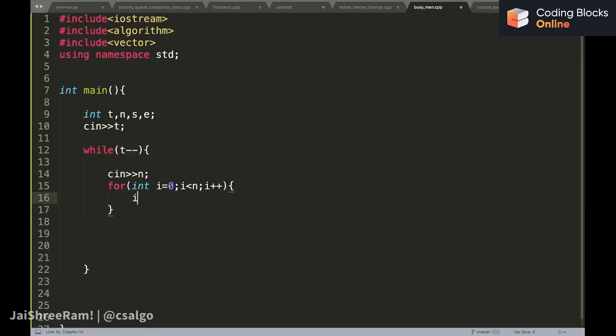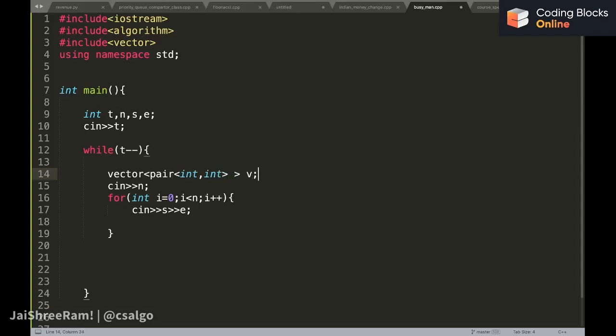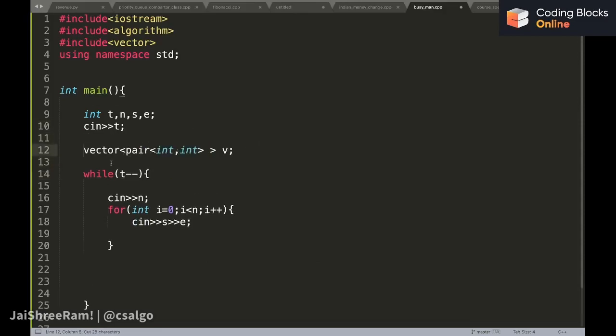Okay, so that we will take input, and what I can do, I can make a vector of pair. Let's say I have a vector of pair of int comma int, and let's call it v.